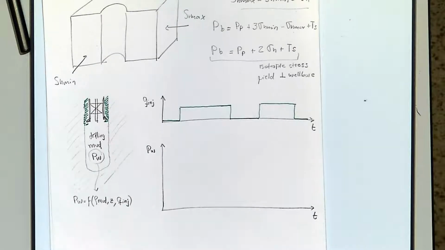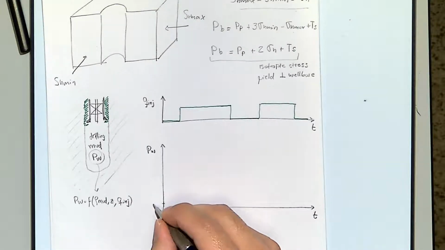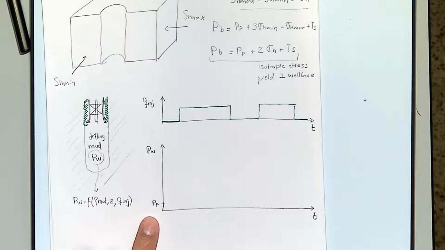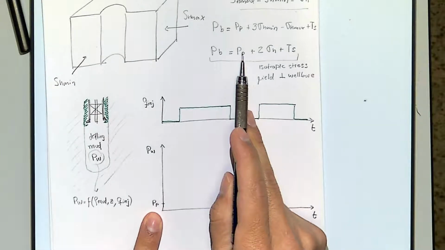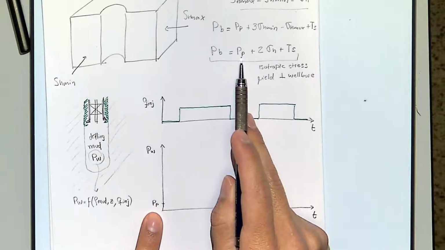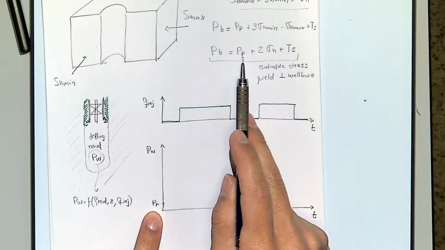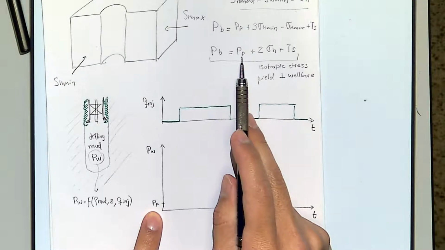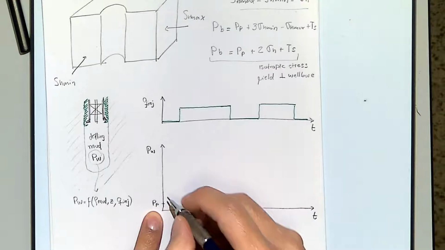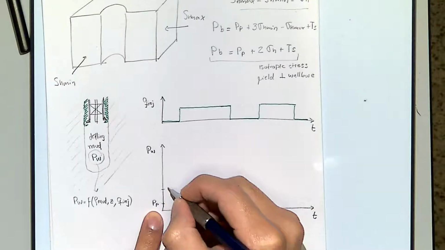I'm going to assume that I start. This is the pore pressure, so you see that value is this value over here. We're going to start with the pressure in the wellbore, which is slightly higher than the pore pressure, and I'm going to assume at that point there are no breakouts.